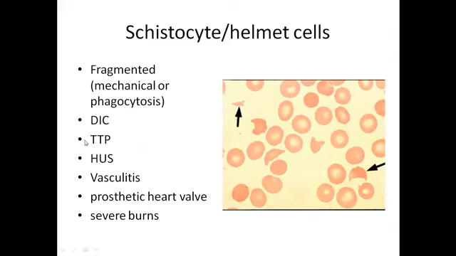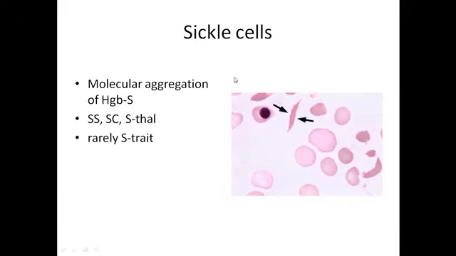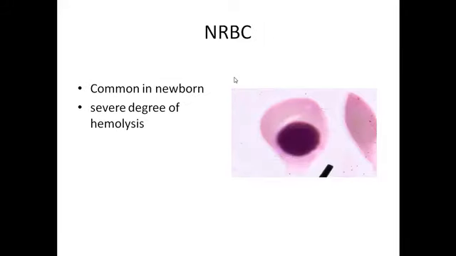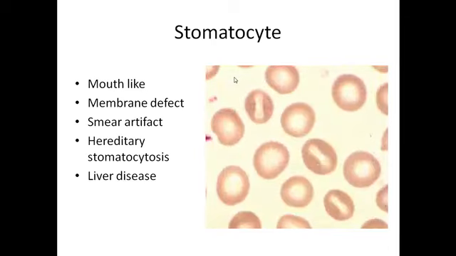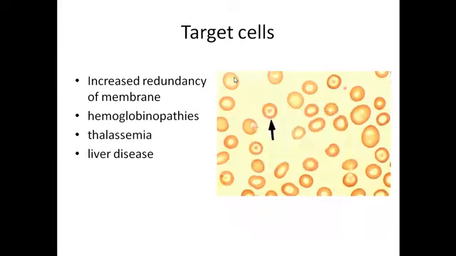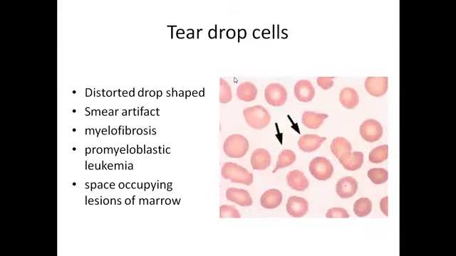If we find such a case, we have to perform a blood film, and at that time we will find schistocytes. Sickle cell is found in sickle cell anemia. Look at it: spherocytes, stomatocytes, target cell, teardrop cell. We can find it in myelofibrosis.